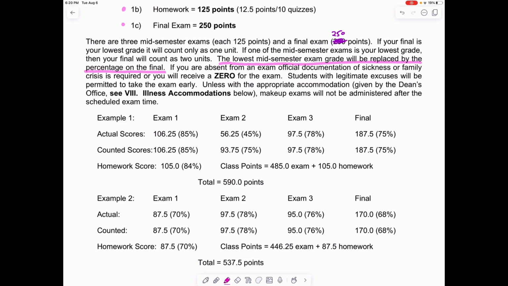Example 1, exam 1 was 85%, but exam 2, we got a 45%. And we kind of bounced back for the final, being 75%. Notice that what I counted was that 75% now twice, because the final is higher than the lowest mid-semester exam.